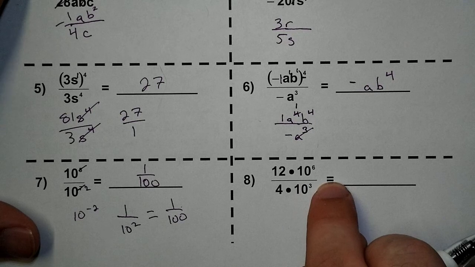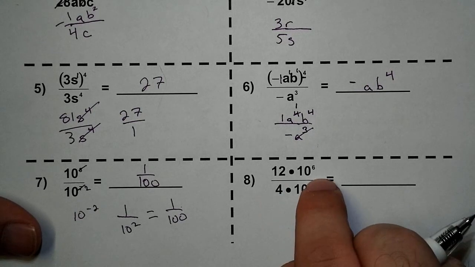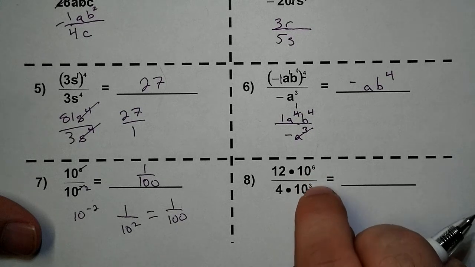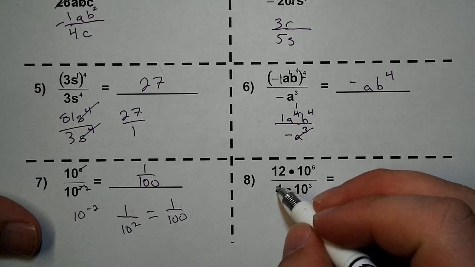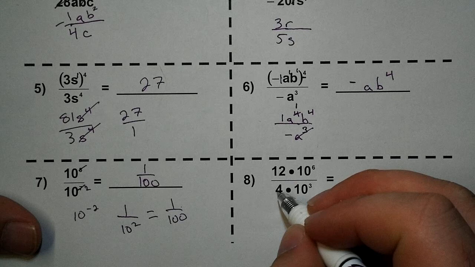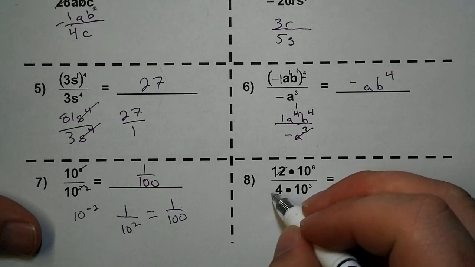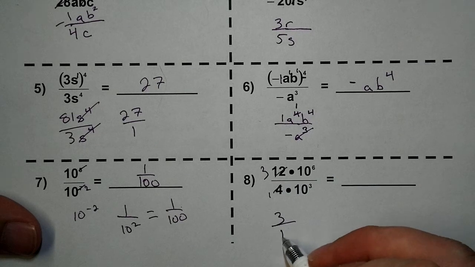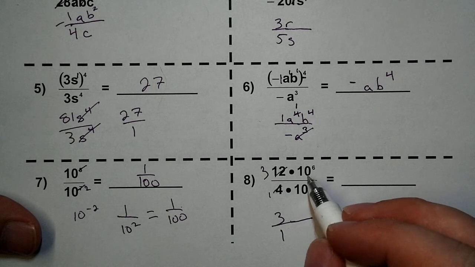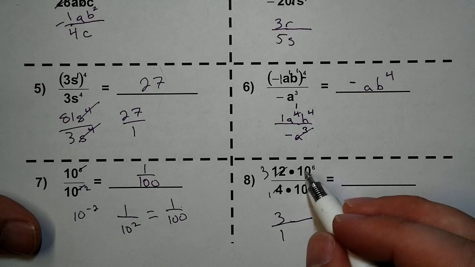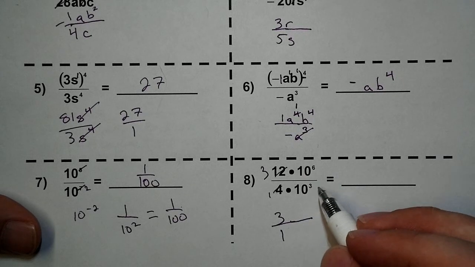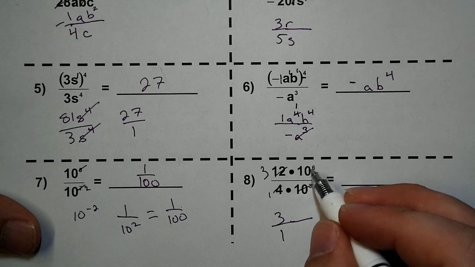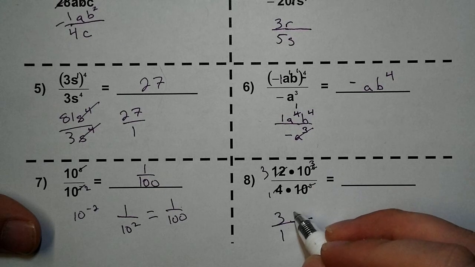Now over here, we've got both of these in scientific notation, but they have the same base over here. So divide your numbers. 12 divided by 4 gives us 3. Now with our bases, 10 to the 6th divided by 10 to the 3rd, I can take away 3 from both of those, so that cancels, and there's going to be 3 left over here.